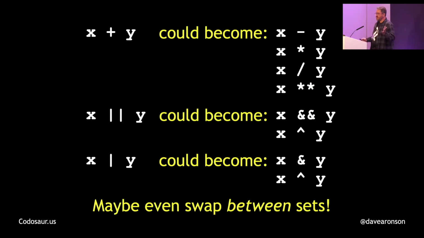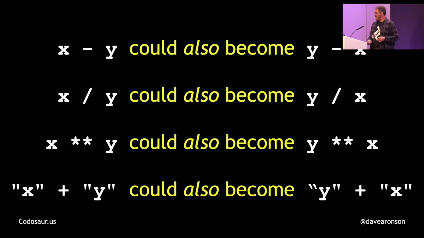But remember, some tools will only make one change per node. So for instance, a plus might only be changed to a minus. With other tools, it could be mutated into any of those and a lot more. That will find a lot more possible errors. When the order of operations matters, such as with subtraction, division, exponentiation, or string concatenation, it could swap them.